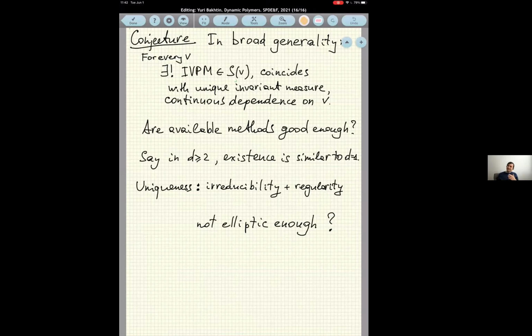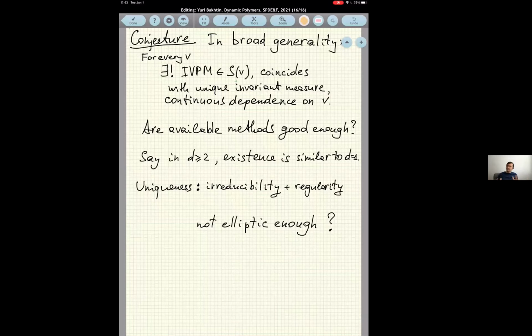So in this paper that I'm talking about, we sort of went, in a sense, in the wrong direction. So the hope is that you can use stochastic flows to deduce information about the Gibbs distribution.